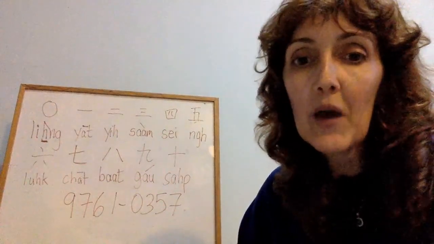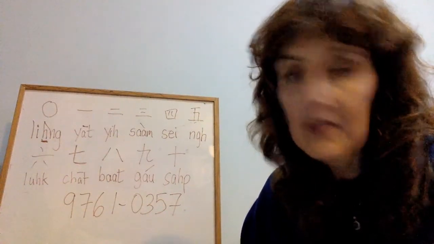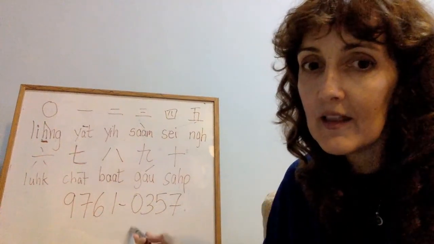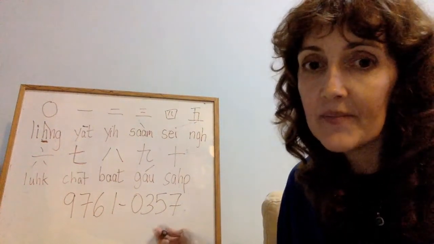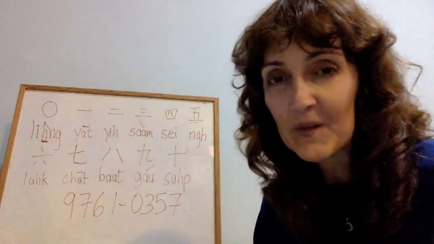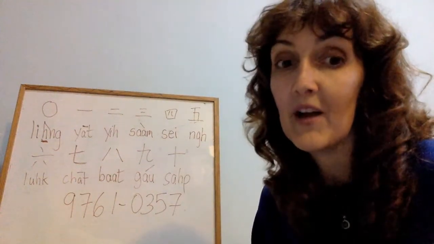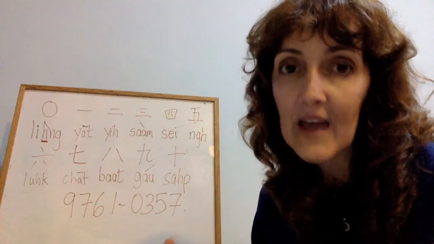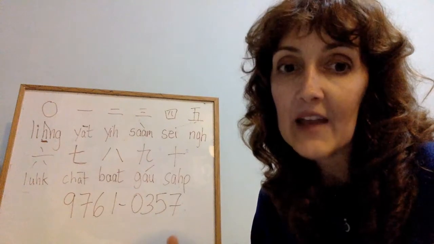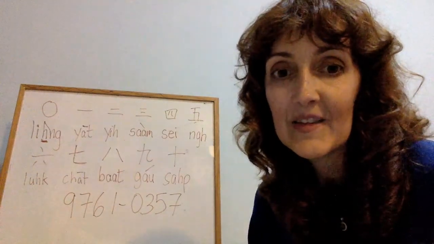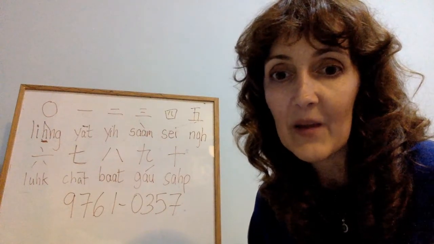Okay, so now we've got one that goes up and down, right? You've got 9, 7, 6, 1, 0, 3, 5, 7. Isn't that easier to remember? It's like it goes up and down. So for me, that's a lot easier to remember. 9761 0357. So that's one that's been mixed up a little bit.